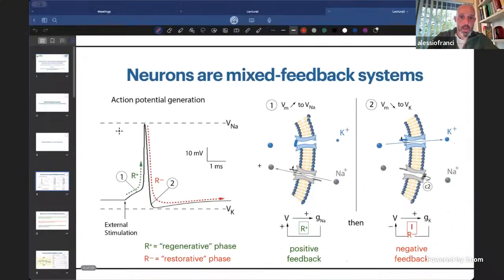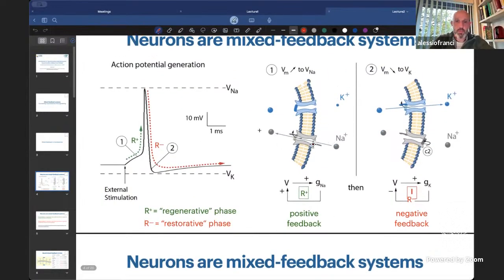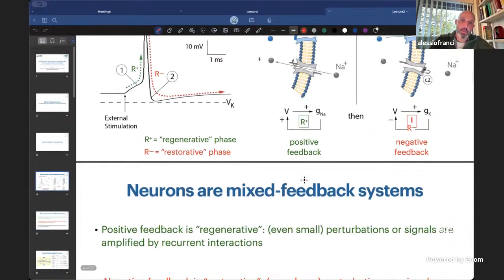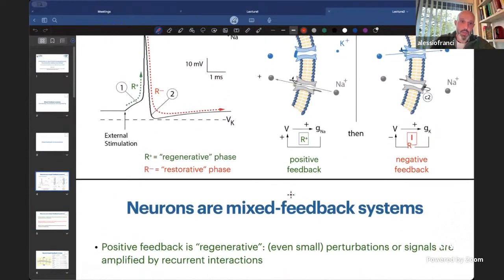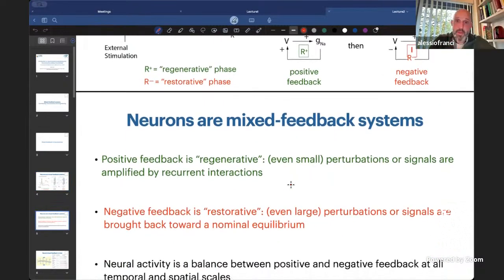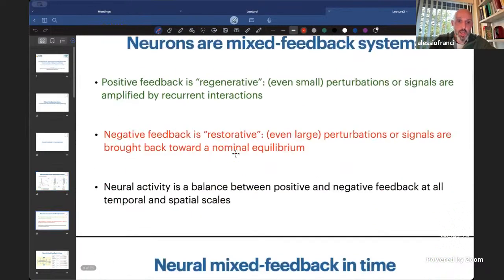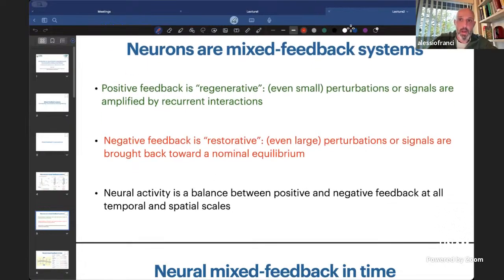Again, this is something that we already mentioned. The idea of mixed feedback really came to us when we were looking at the neuronal membrane, and so the role of sodium, the role of potassium, the fact that positive feedback is really underlying the regenerative aspect of action potentials. The negative feedback is underlying the restorative aspect of the action potential. And neural activity is all about balancing these two types of feedback all over the place.